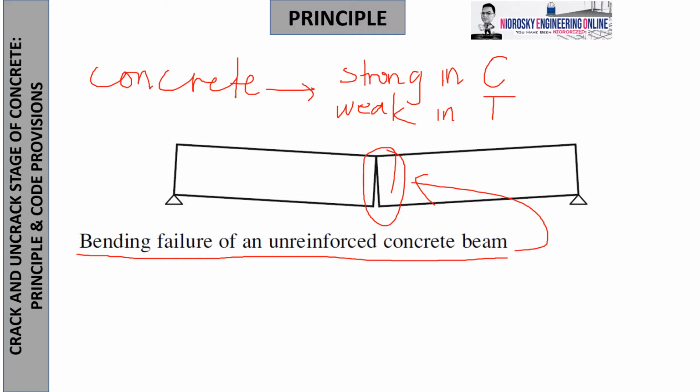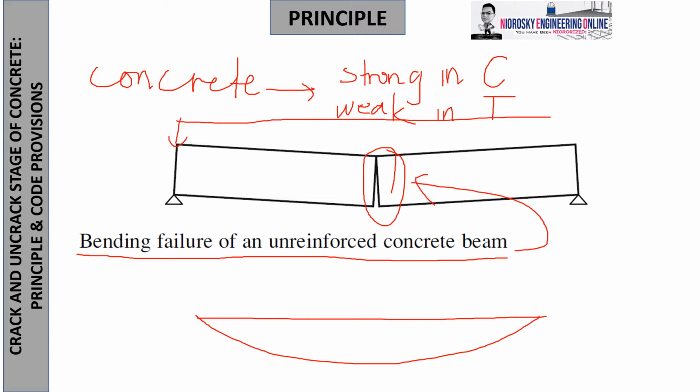By the way, the beam will deflect like this due to gravitational load, say W. For positive bending, there is compression above and tension below. Most likely, the tension side will suffer cracks. These cracks may result in an unsafe beam, assuming that it is non-reinforced.